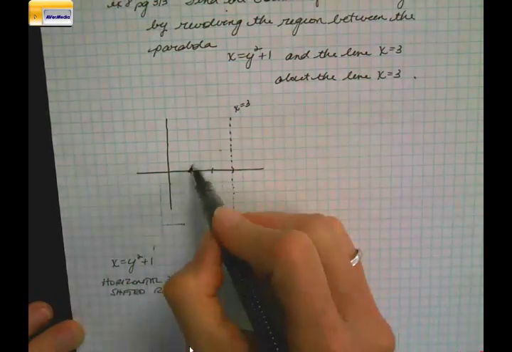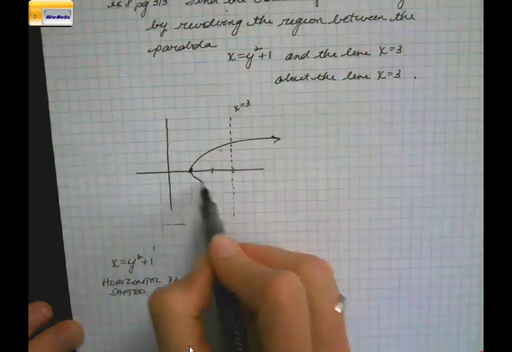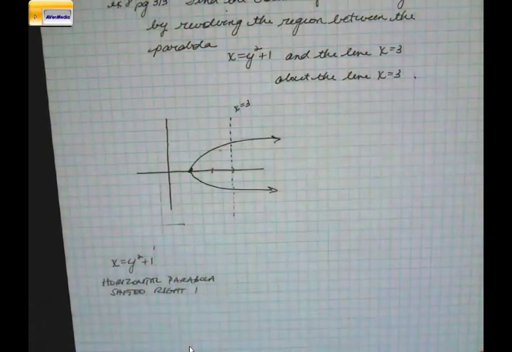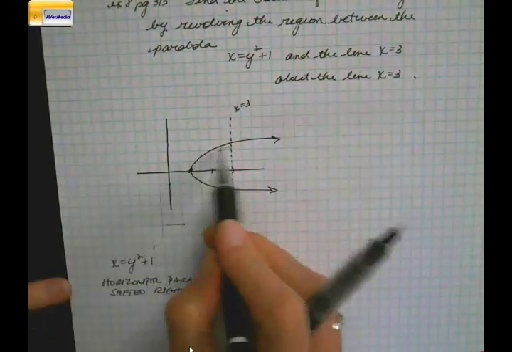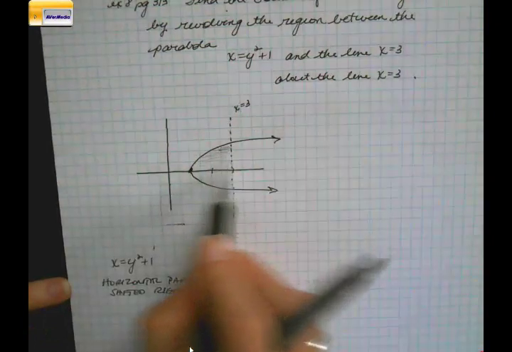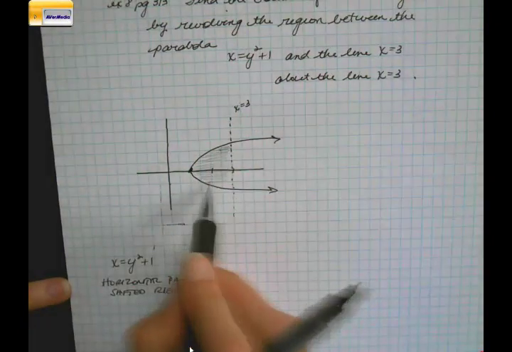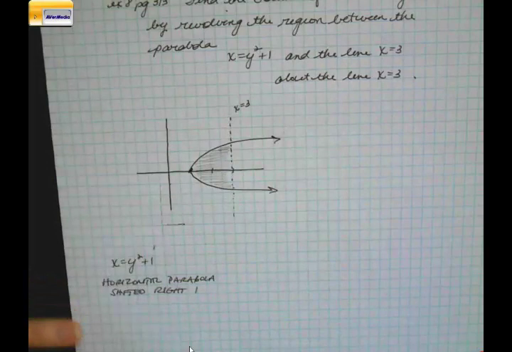It's going to look something like this. Your region that you're rotating is bounded by the parabola and the line x equaling 3. So it's this region right here. This is the region you're rotating. It's a little more symmetrical with respect to the x-axis, but that's it.